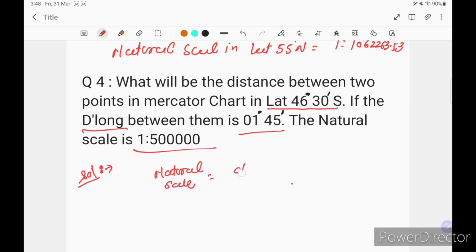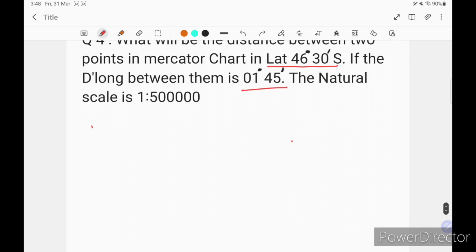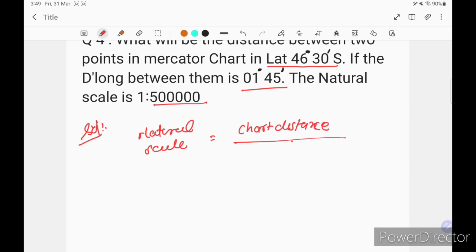Natural scale is equal to chart distance divided by earth distance.